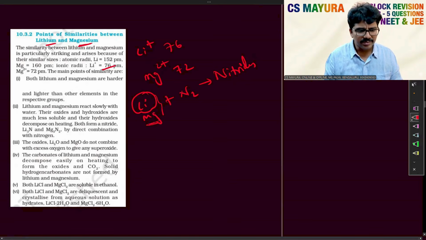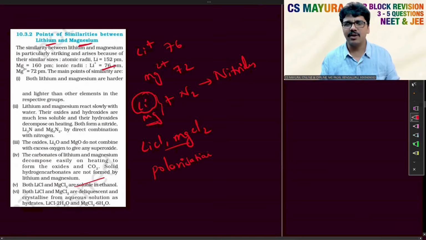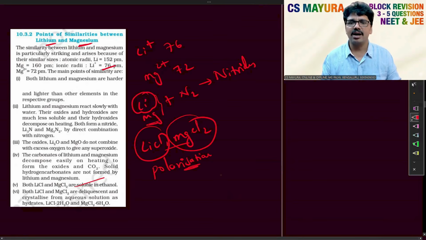Like this, lithium chloride and magnesium chloride, due to polarization, are covalent in nature. Generally, metal, non-metal compounds are ionic compounds. But due to polarization, lithium chloride and magnesium chloride are predominantly covalent in nature.